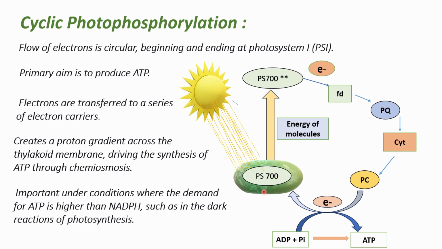It is important under conditions where the demand for ATP is higher than NADPH, meaning they need ATP molecules as their energy source. Then only cyclic photophosphorylation will occur in PS1 itself.